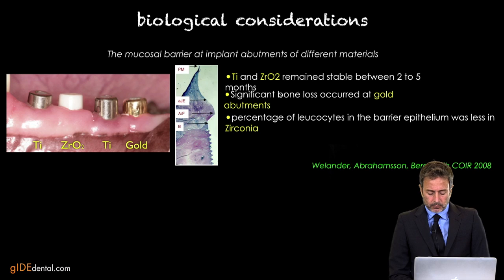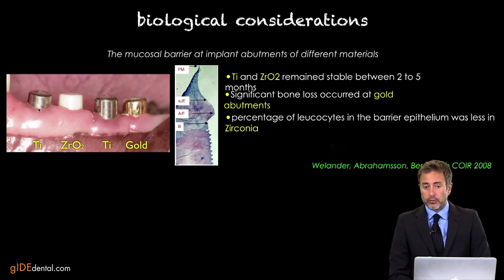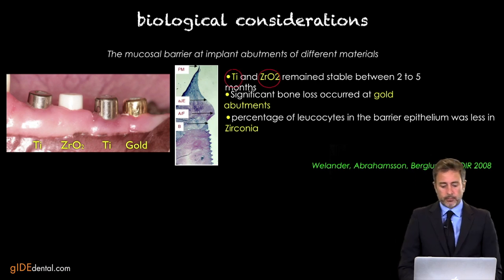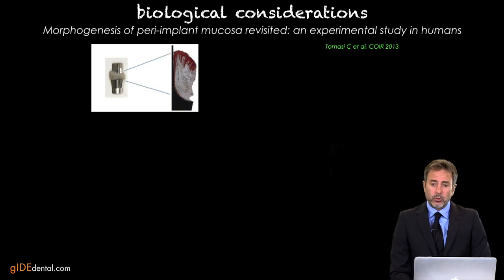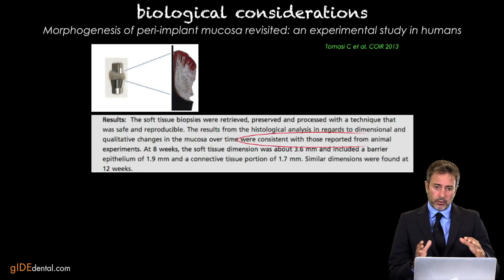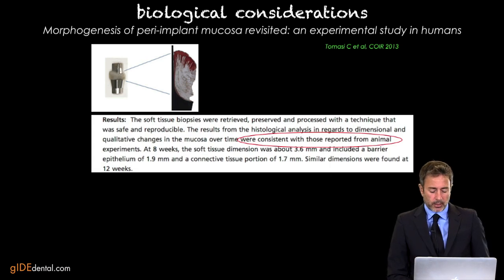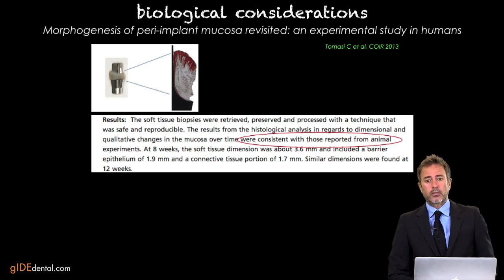This is an almost 10-year-old study from Welander and co-workers, which shows in beagle dogs that we have a better response of the soft tissue when we use zirconia or titanium. I could find one study on humans, from Tomasi, published about 3 years ago, where he placed titanium abutments and then took biopsies at 8 weeks after abutment placement.